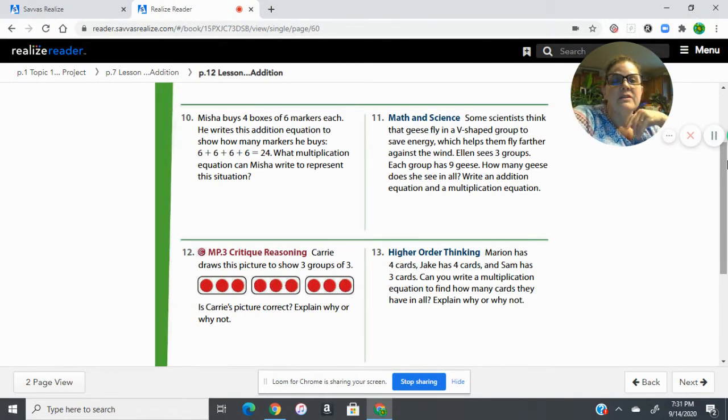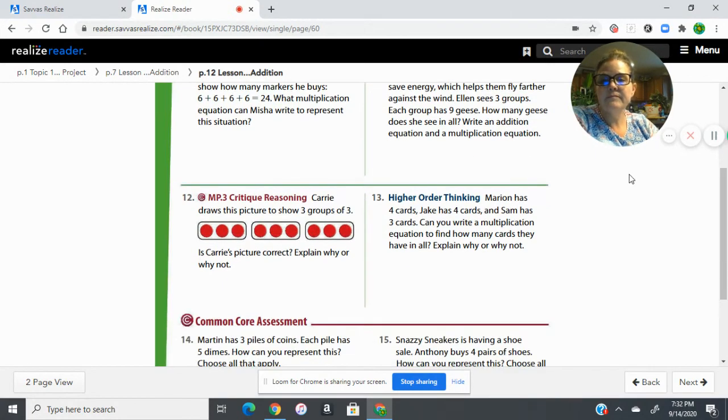Okay, so the first part is not important to the math problem, but where the math problem starts is Ellen sees 3 groups. Each group has 9 geese. How many geese does she see in all? We're going to write it as an addition problem and a multiplication problem. 3 groups of 9. So we have 9, 9, and 9.